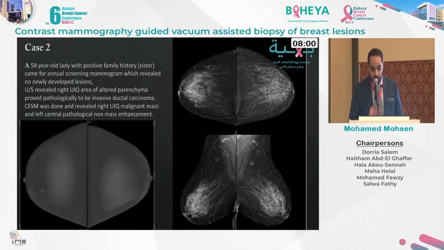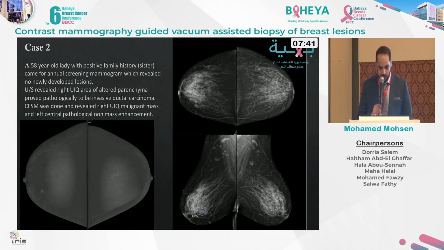Case number 2, a 58-year-old lady presented with positive family history, sister, came for annual screening mammogram, which revealed no newly developed lesions. Ultrasound revealed right upper inner area of altered parenchyma proved pathologically to be invasive ductal carcinoma.